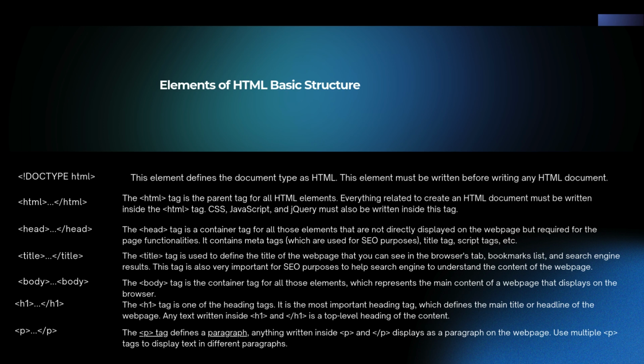You can't create an HTML document without this particular tag. Everything related to creating an HTML document must be written inside that tag. CSS, JavaScript, and jQuery are also supposed to be in this tag. Let's look at the second element, head.